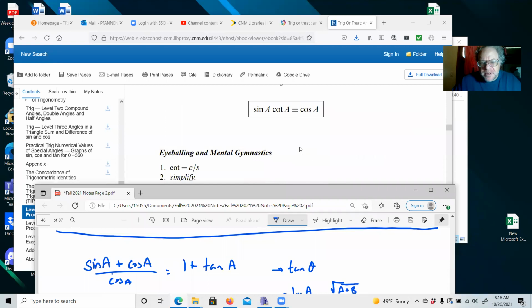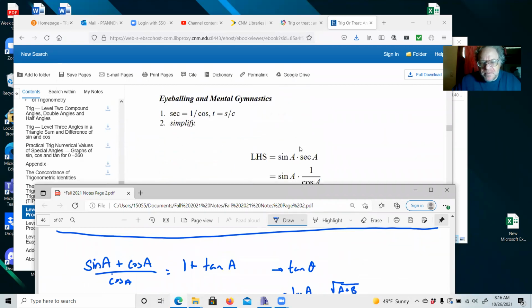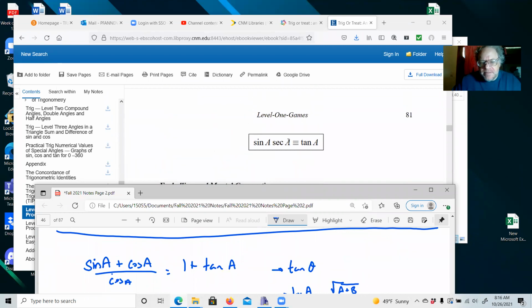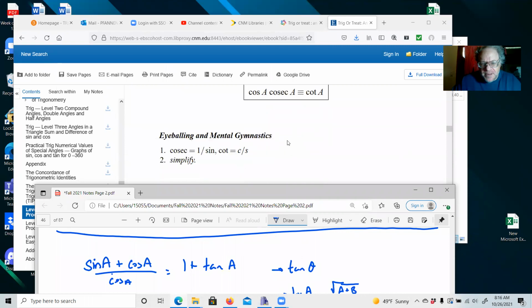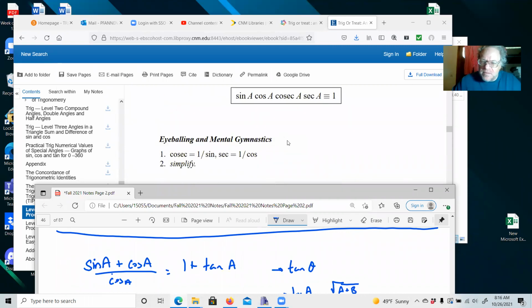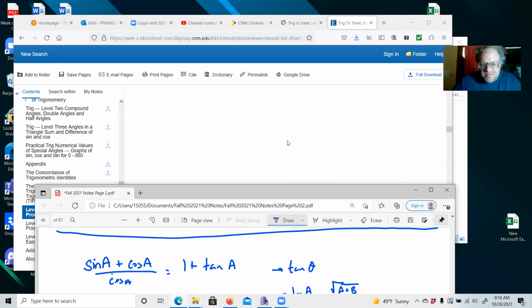I want to pick something that's going to be a little bit more difficult here. It's too easy, too easy, too easy, and too easy.